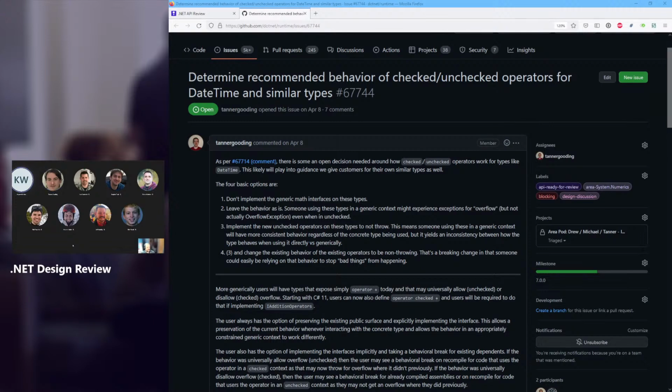I don't know. There are generally two behaviors types have in the case where they don't throw. That's either that they saturate, which is they clamp to a max value. That is what, for example, float, double, and half do. And then you can wrap around, which is what int, long, byte, and other integer types do, which is they wrap from max value to min value.